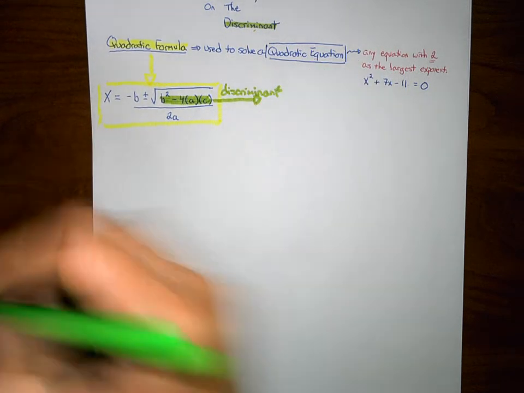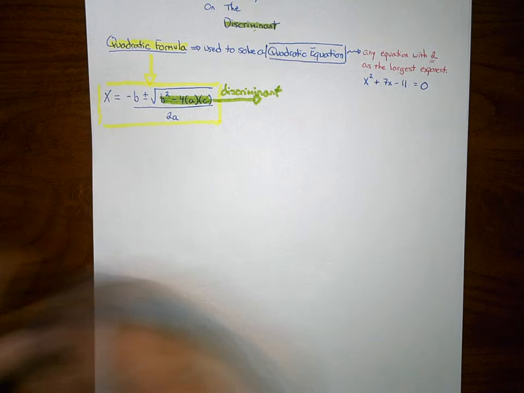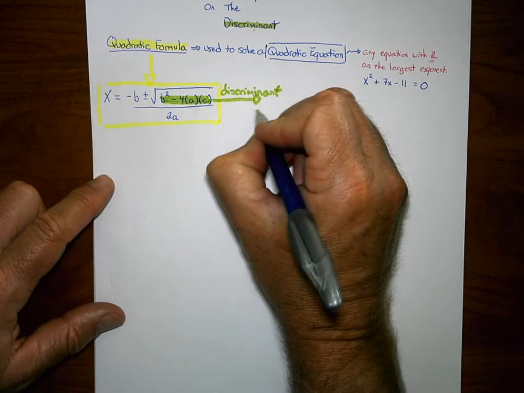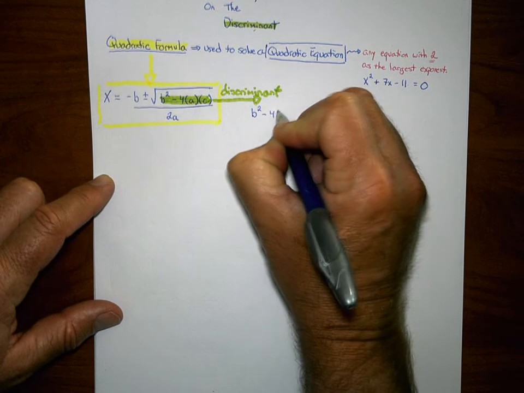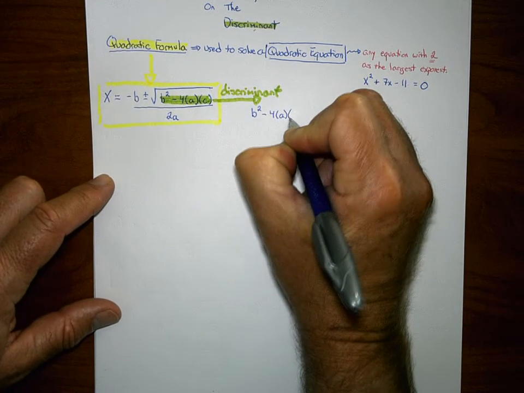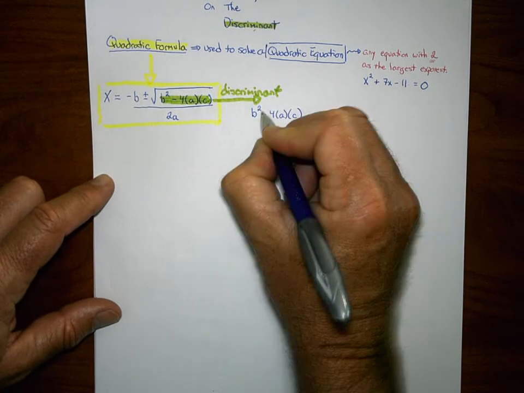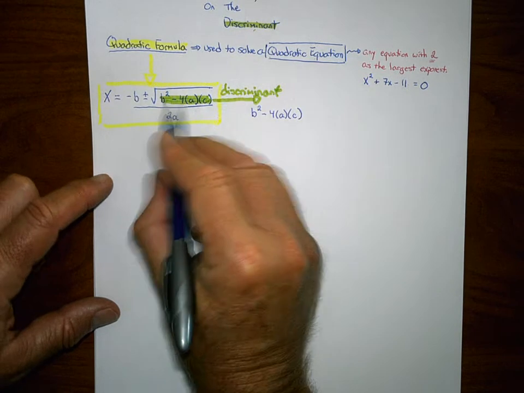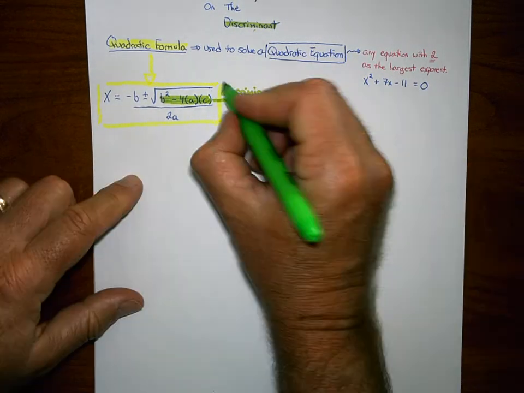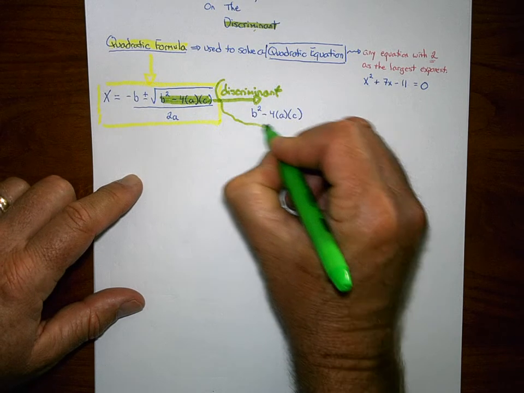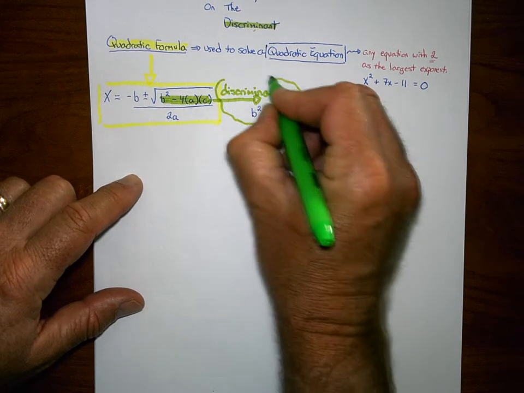So what is the discriminant? The discriminant is the b squared minus 4 times a times c part of the quadratic formula. It's a special piece of the quadratic formula, and today we're going to be focusing on just the discriminant.